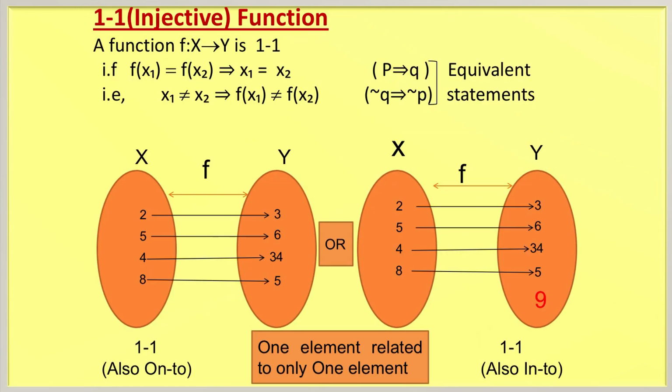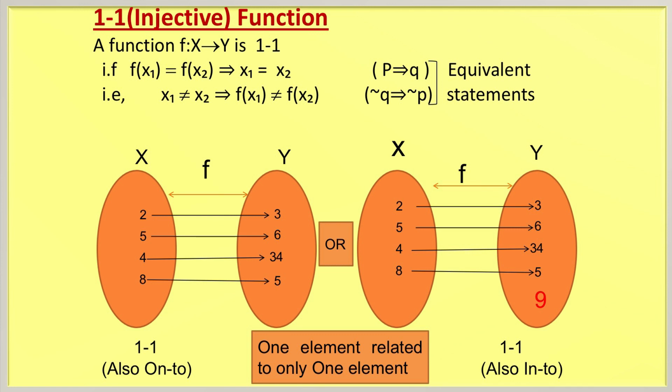Next, different types of function, and we start with 1-1 function. So, 1-1 functions are of two types, either onto or into. You see the picture. What is a 1-1 function? One element is related to one element, it is the same as a 1-1 relation, but with the function condition. So, a 1-1 function can be onto or can be into.